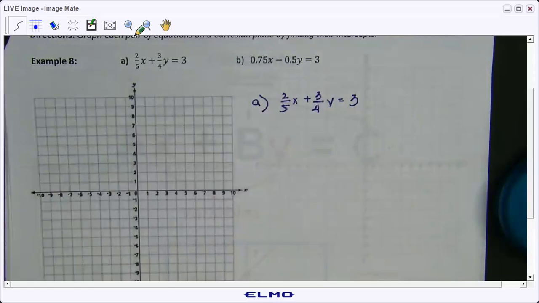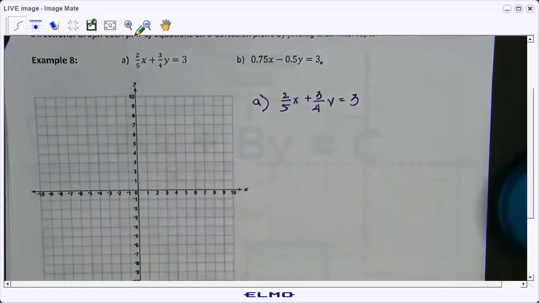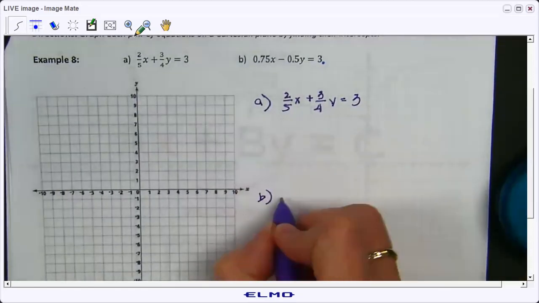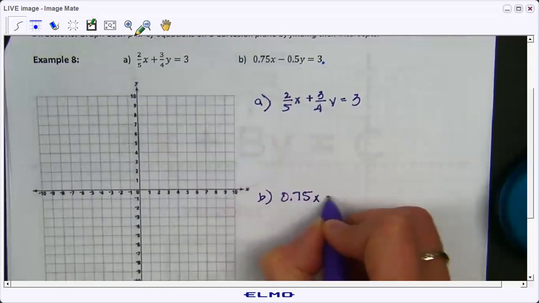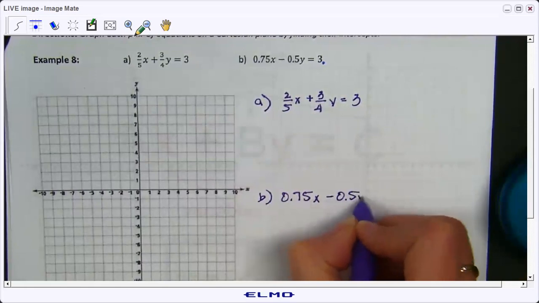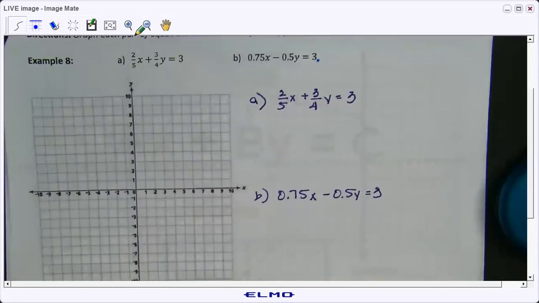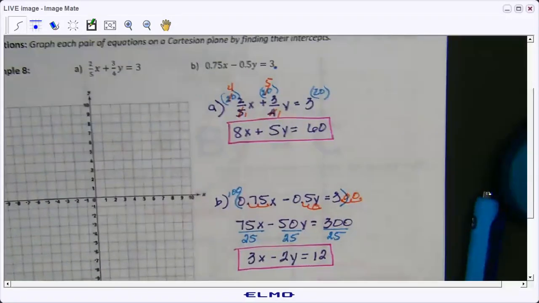Just be careful because you have to move your decimal in the 0.5 twice and in your 3 twice. And remember, the decimal in 3 is at the end. Okay, so go ahead and rewrite both of these into standard form. Okay, and I'm gonna pause the video while we do this. So this is example 8.